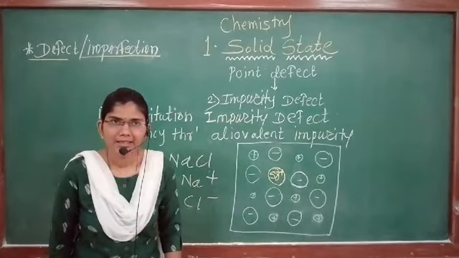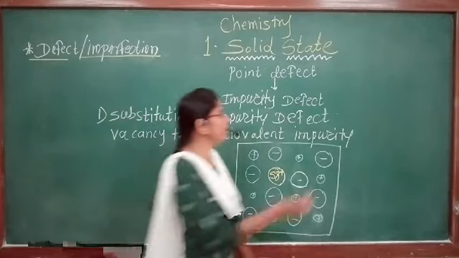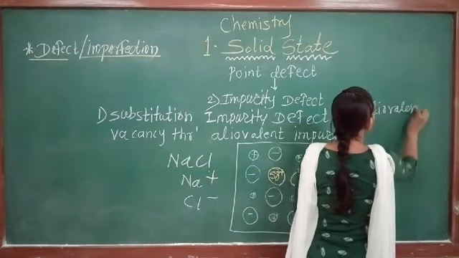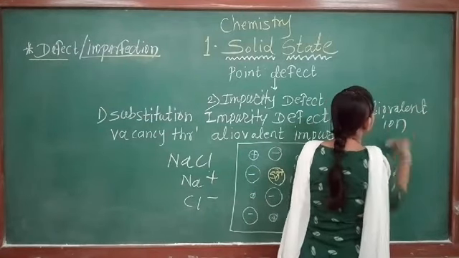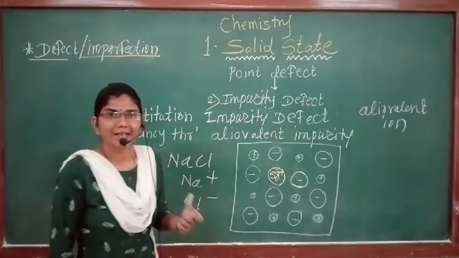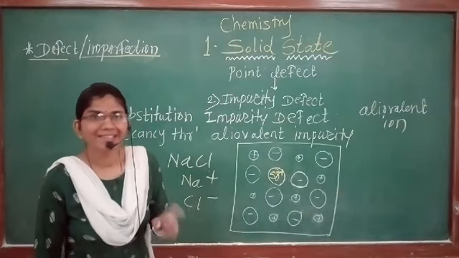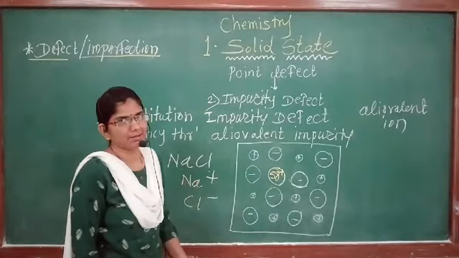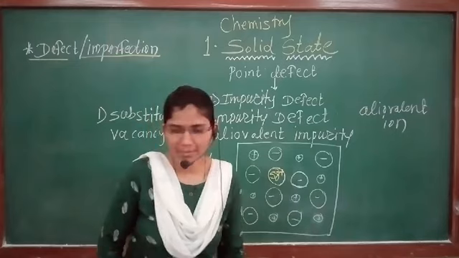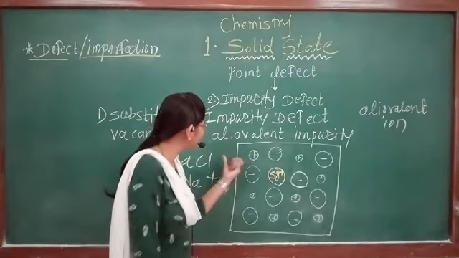And if we add the allovalent ion, meaning an ion having a higher oxidation state than the Na plus, because Na plus is the host atom, and Cl minus is the host atom of this crystal structure.